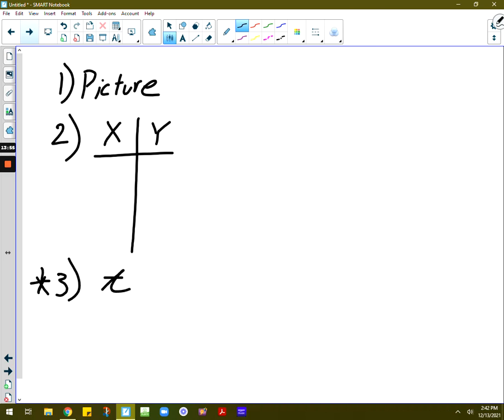Because hang time, time it's in the air, is the same for both X and Y. So if you can find time, time is like the bridge that's going to help you get from one side of this chart to the other. Find whatever it is you need to find. Okay. That's my pep talk on projectile motion.